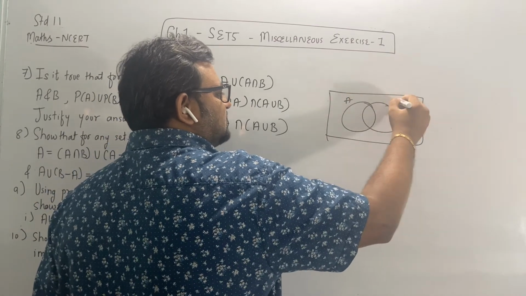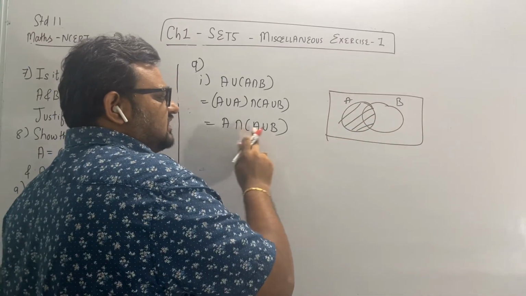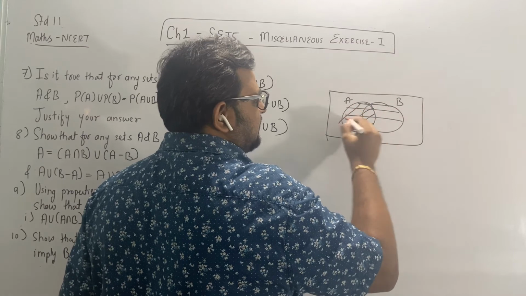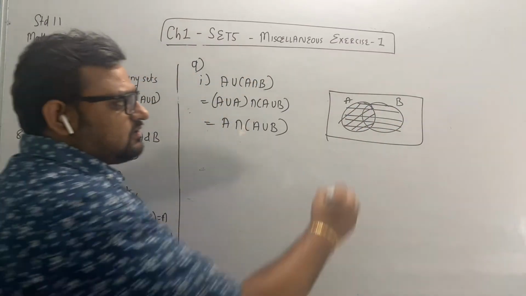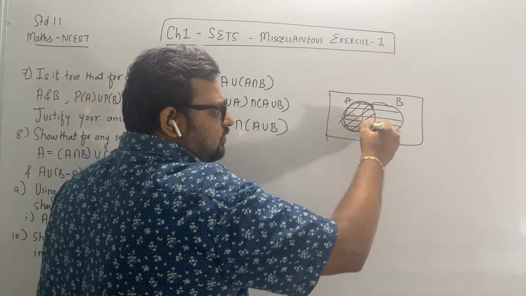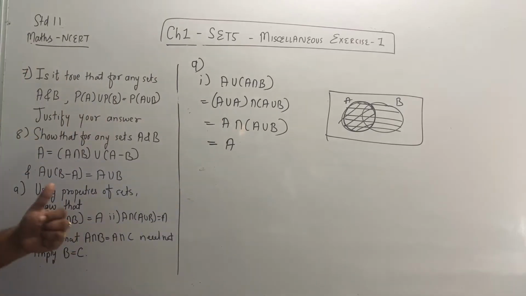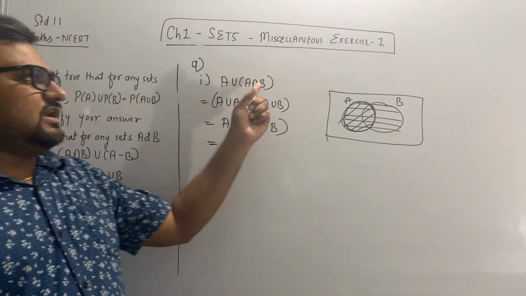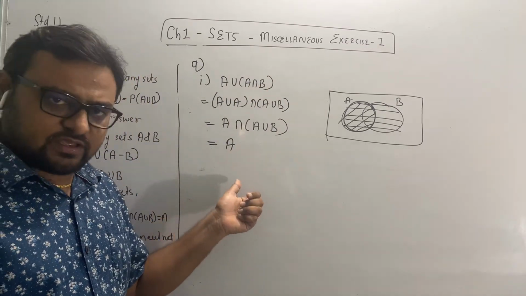This is A, this is B. This is A union B. Clear? Now what is common? This is common in both. So the answer is A. So remember, A union A intersection B is equal to A.